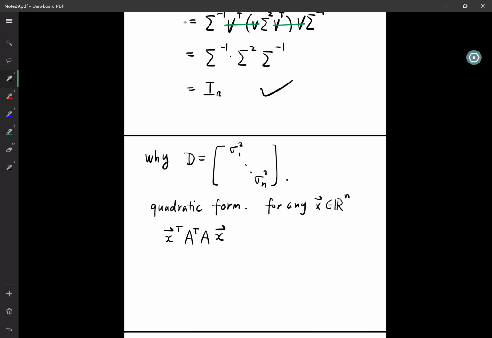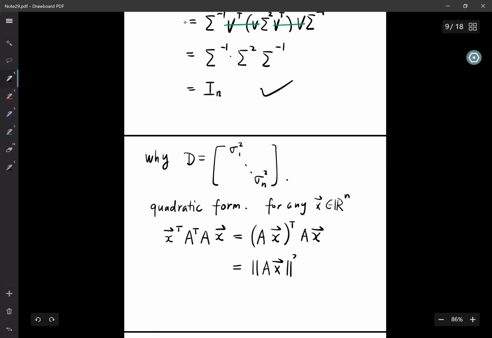We define inner product, and remember, in order to define inner product, this must be a positive definite matrix. So this one, you see, is A x transpose A x, and this is the inner product of A x with itself. So this one is guaranteed to be non-negative.